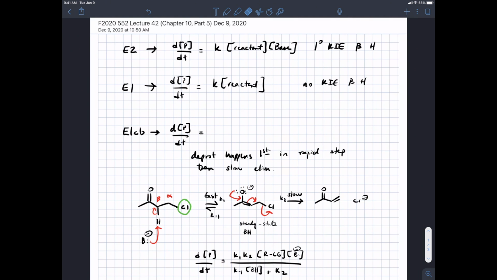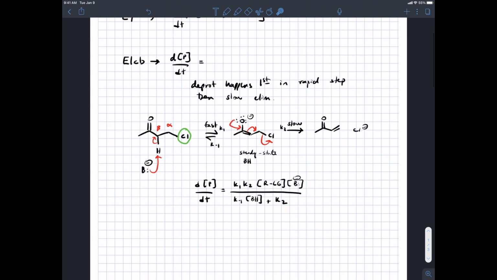We introduced the idea of the E1cb reaction, in which you have fast deprotonation of the beta proton, the one that's beta to your leaving group. You have an intermediate that's negatively charged, and then you do the elimination of that intermediate.